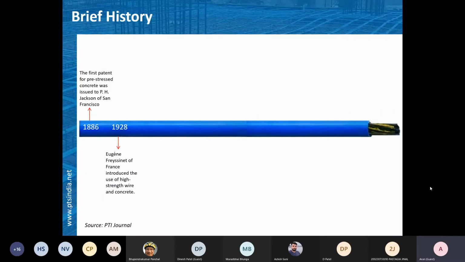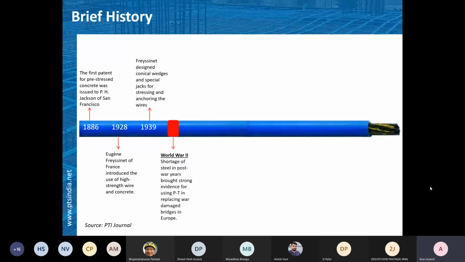Then in 1928, Freyssinet started working with this, and with the help of high strength wire and concrete, we started with these fundamentals and applications. And the same person, Freyssinet, developed the special jacks and anchoring cones in 1939.